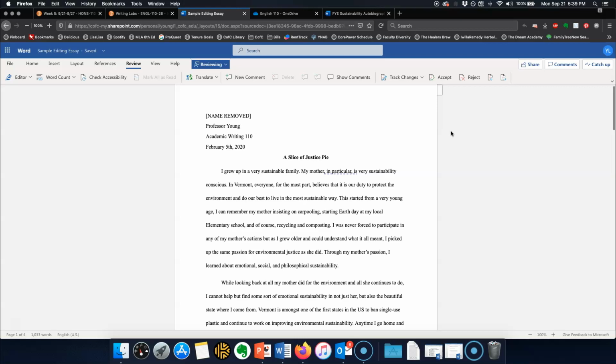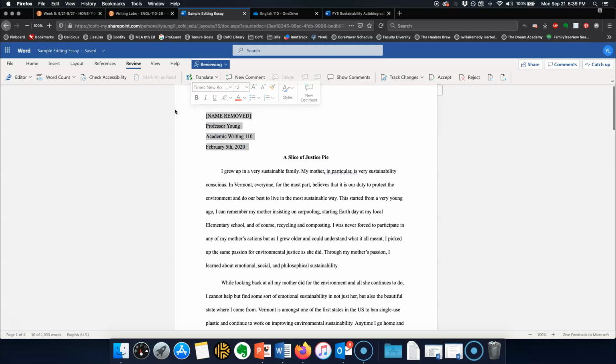So I just have opened this document that a student wrote in my class last semester. And so I've turned on track changes. I see that it's on for everyone. And then whenever I type in something, it's going to show my track changes. So for instance, I'm reading this. The first thing I notice is that this is not double space, right?